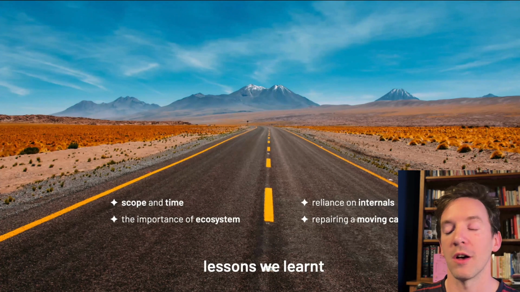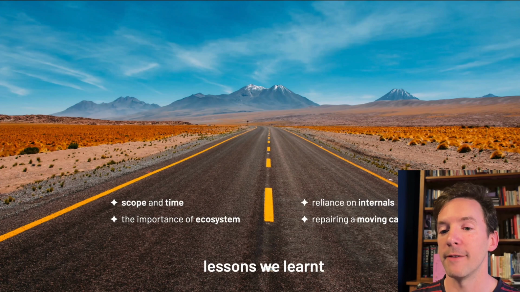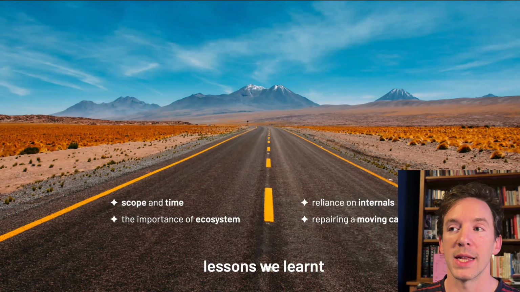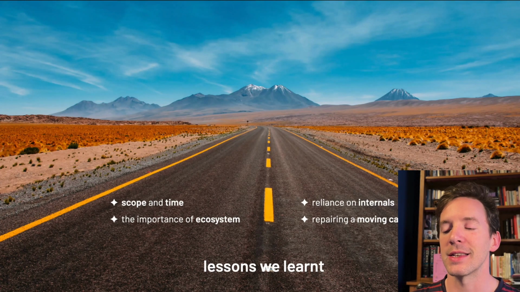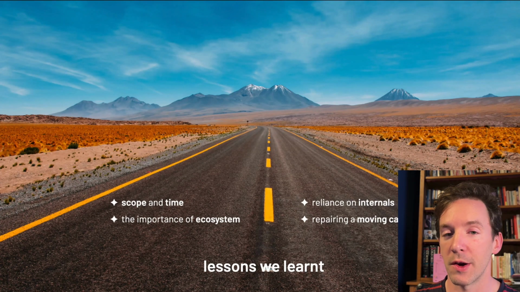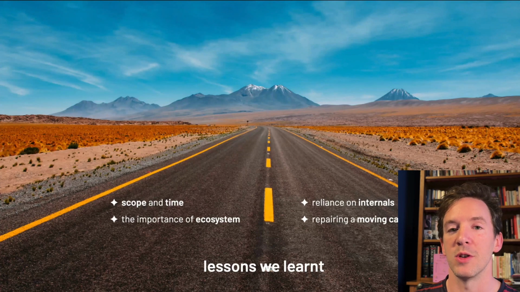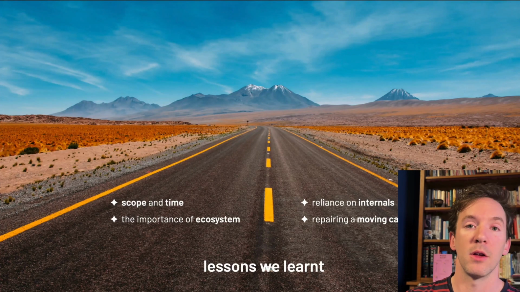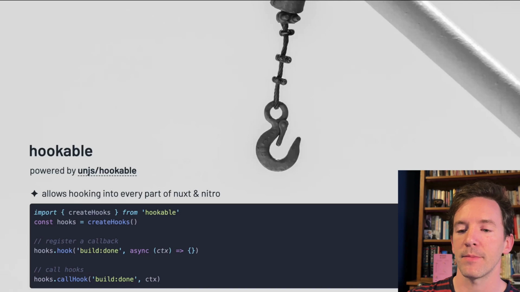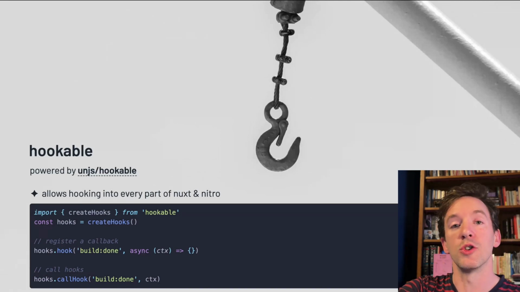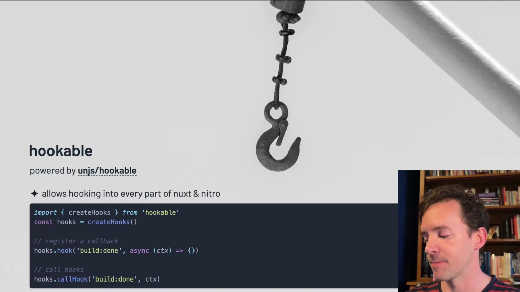We were repairing a moving car effectively. We couldn't stop it. We had release candidates out. We needed to change things. And it meant that people experienced a lot of brokenness. That was very hard work for people in the community who are keeping up with Nuxt and adopting it early on.